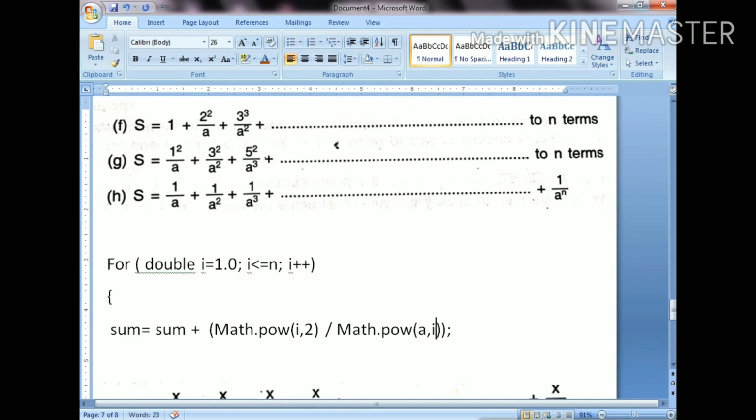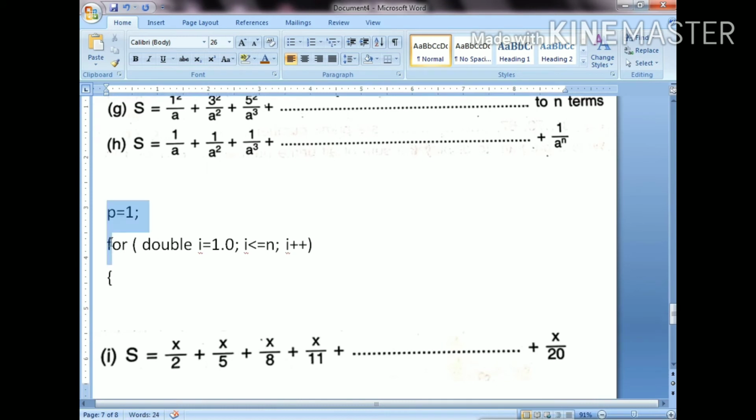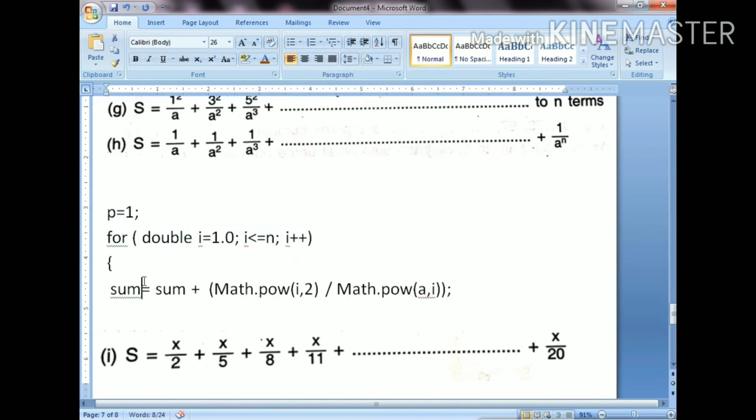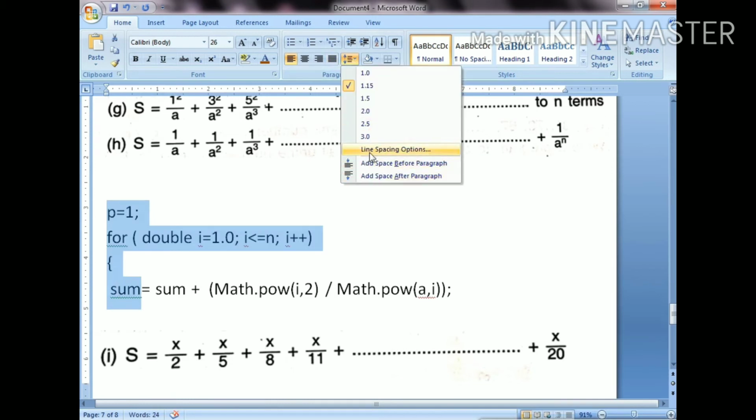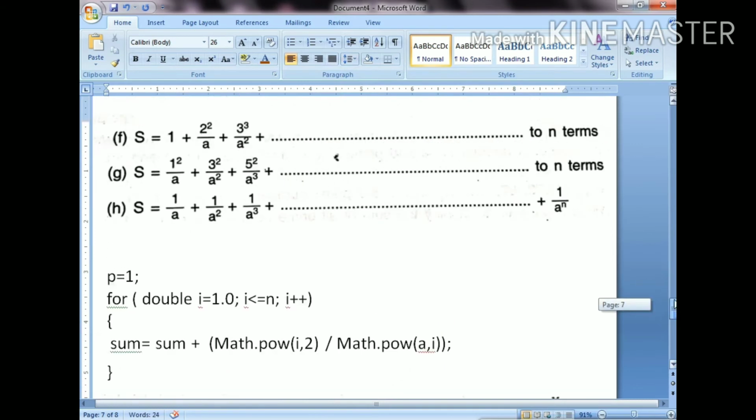We need number of values. So here I use p equals 1, and I write here Math.pow(p, 2), and after this line p plus equals 2.